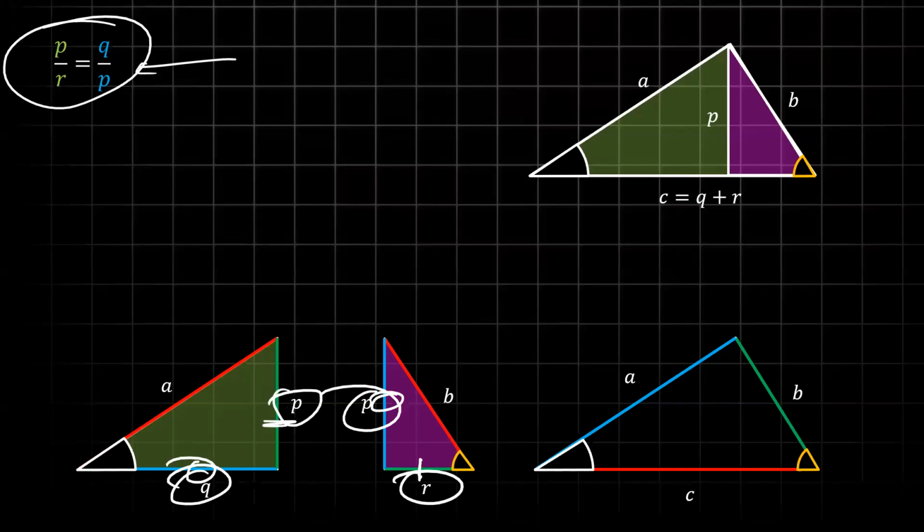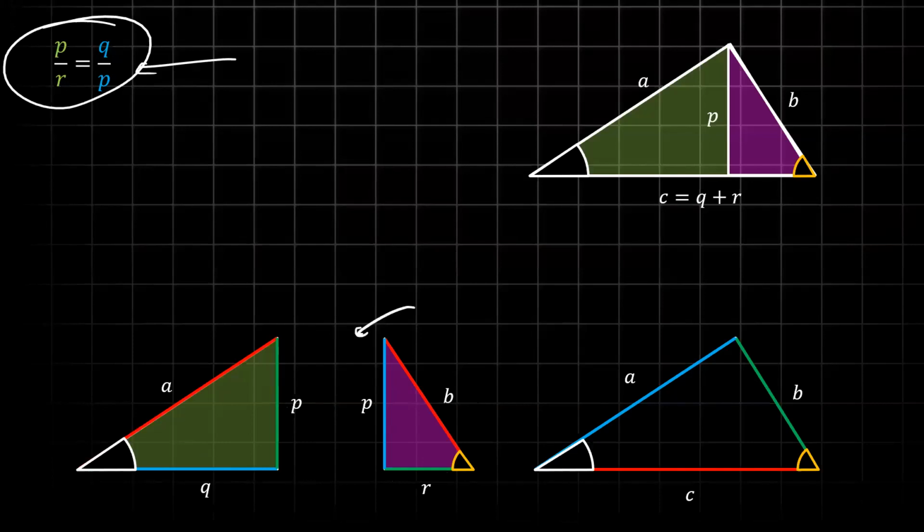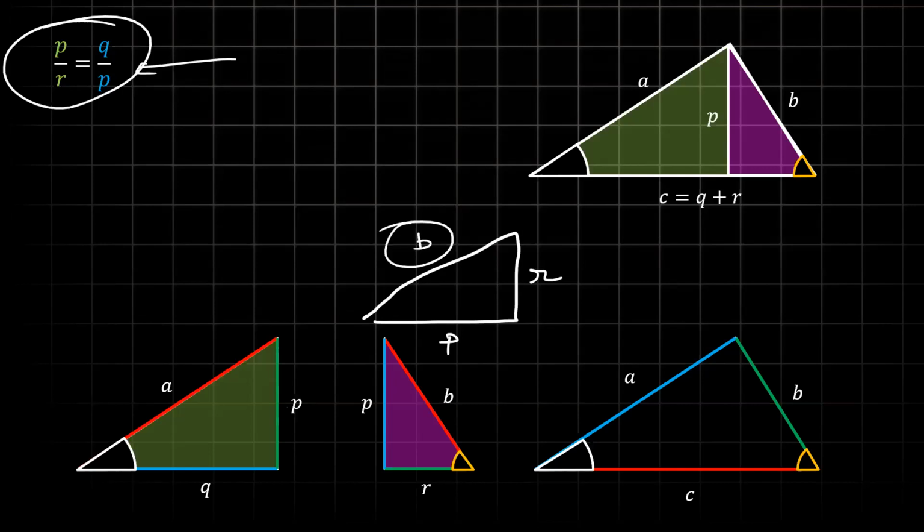Just rotate it. Thank you for that, Shashank. Just rotate this. Just make it fall to the side. If you make it fall to the side, then this will be P, this will be R, and this will be B. Then can you compare now? Can you see the comparison?